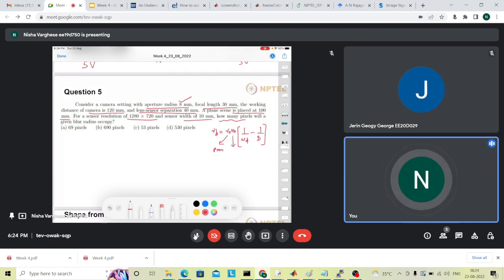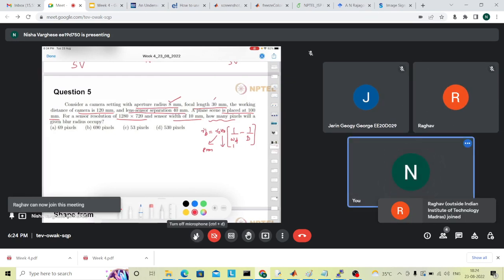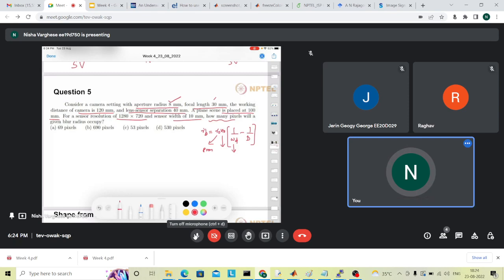Whether it is focal length or working distance. Let me write, working distance here is 120 mm. That is given in the question.